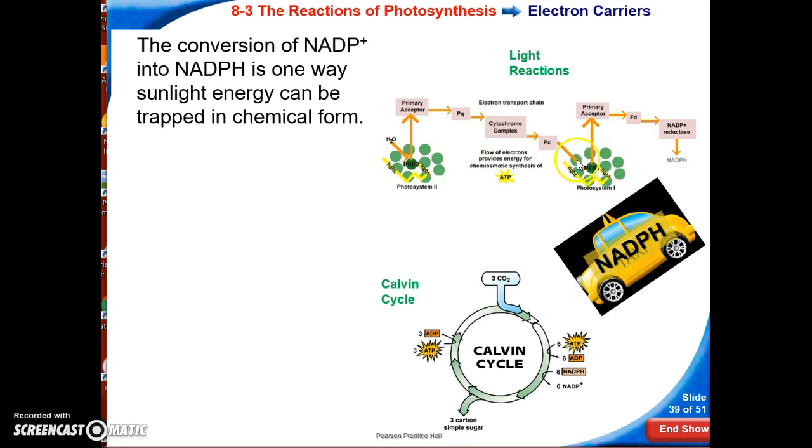And this is a second photosystem, which also takes light energy, and it is going to take those electrons and make them have more energy again, and then they're passed on to NADP+, and we end up with NADPH. And you can think of NADPH as kind of the taxi that's driving these electrons that started over here to the Calvin cycle out in the stroma.